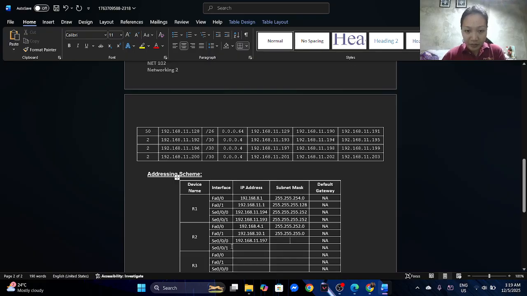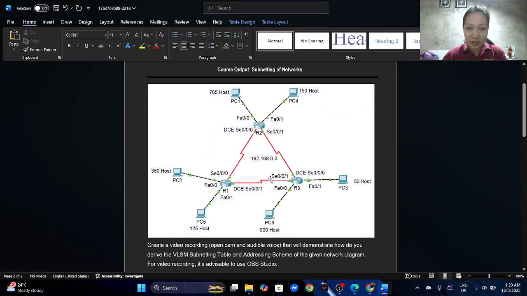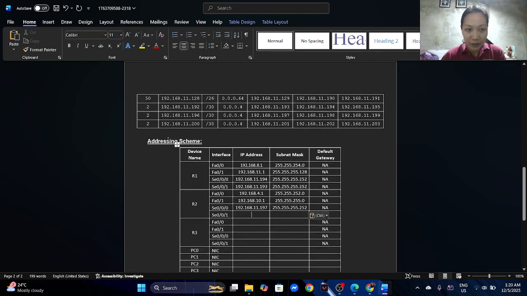And for the subnet mask /30, 255.255.255.252. And router 2, SE01 is DTE, since nasa dulo siya. So, gagamitin natin yung last usable IP ng router 2.